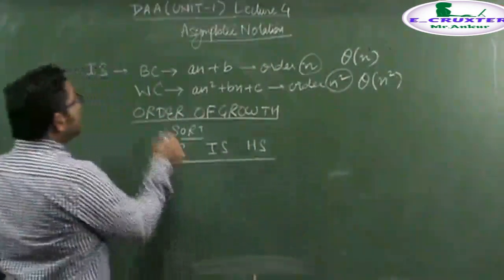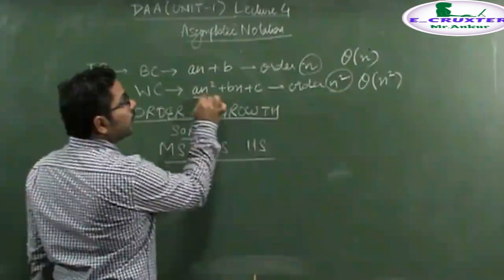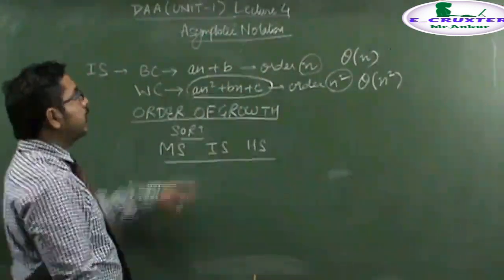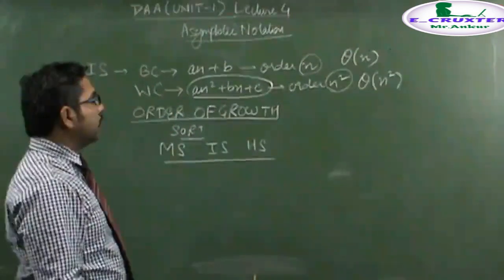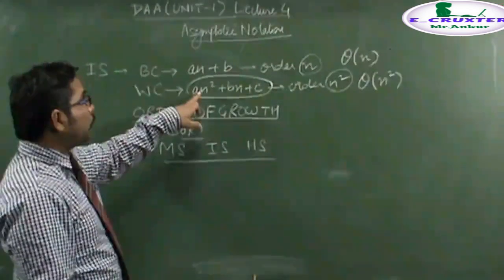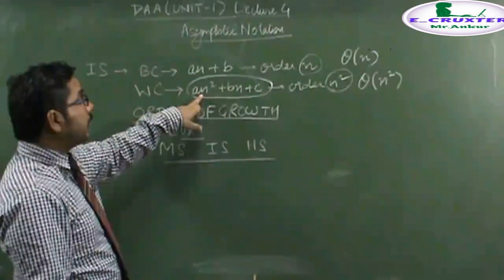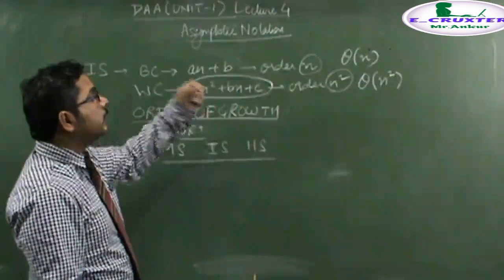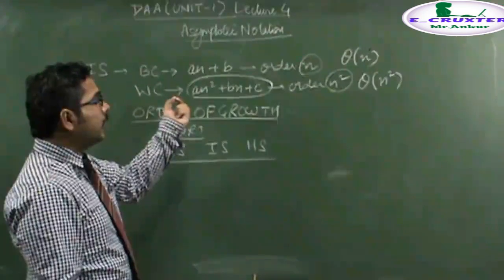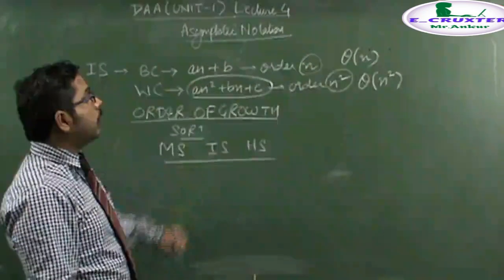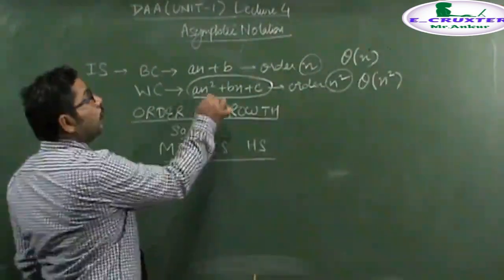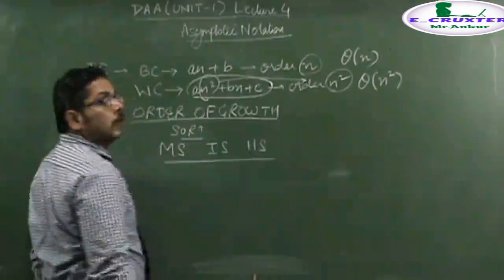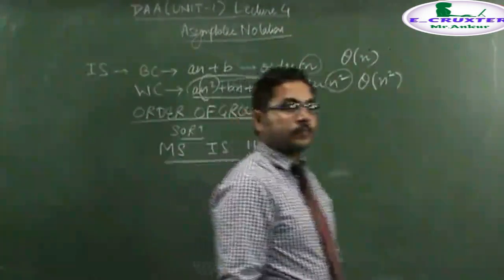For example, the worst case running time for insertion sort was an square plus bn plus c, where a, b, c are constants and n is the input size. For large inputs, these constants have very little importance and we can ignore them. The running time is dominated by n square, and we say that the running time of the algorithm is order of n square.